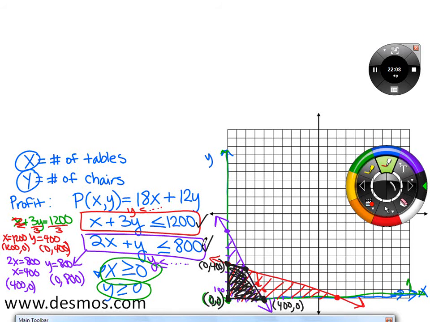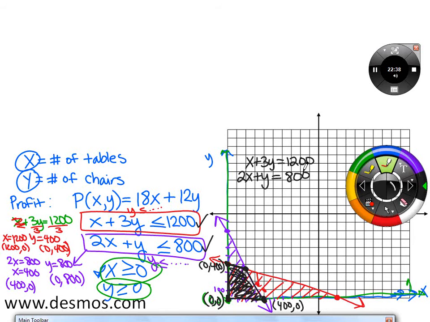So basically, I want to know, where does x plus 3y equals 1,200 meet this other line, 2x plus y equals 800? So I'm going to solve this using substitution or elimination. Okay? Again, why? My graph gives me a nice pretty picture of what's allowed and what's not allowed. But because I graphed by hand, it's difficult to find exact things when they're in between other things.